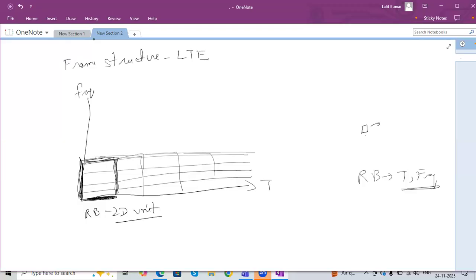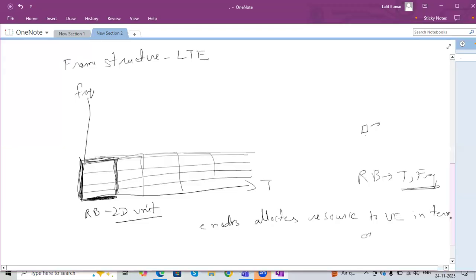And E node B allocates resources to UE in terms of resource block.